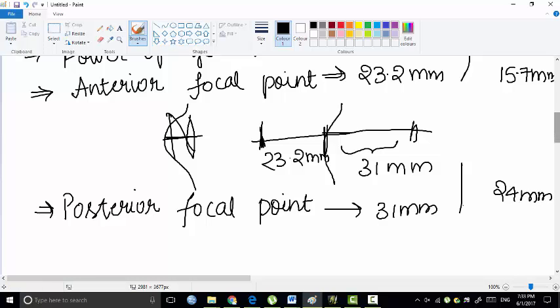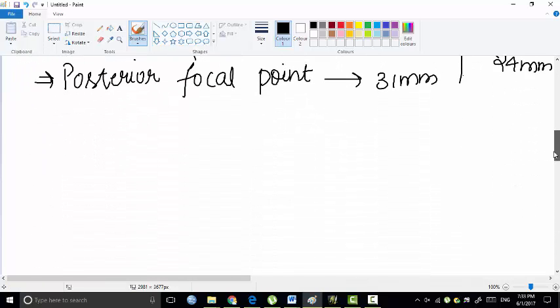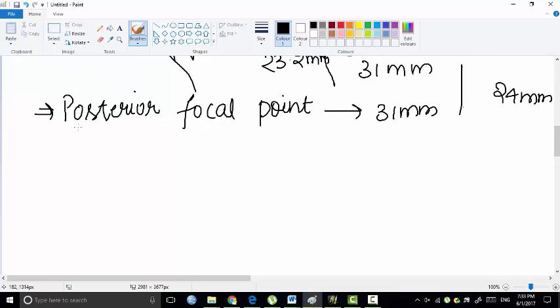So even the anterior and posterior focal points have been increased. Now we're coming to the next sign, which is that accommodation is completely lost.